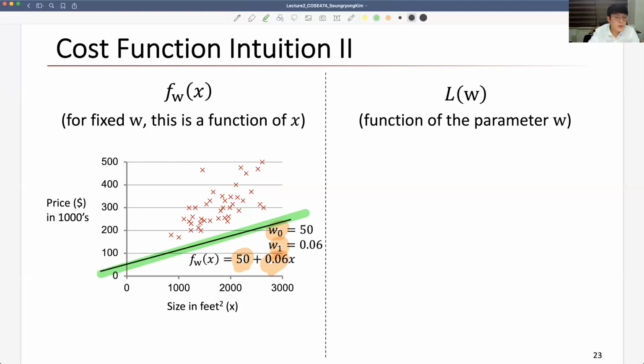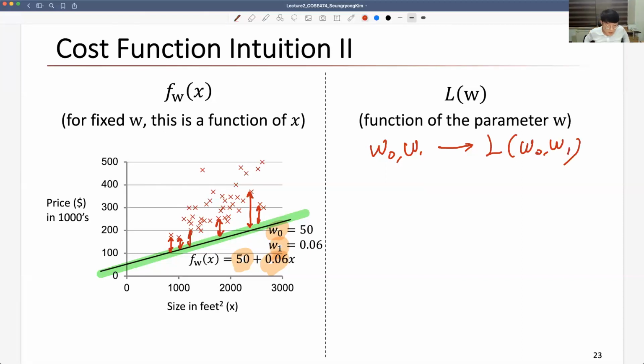So similar to the previous one, we can measure the distance between the ground truth and the estimated one. It looks like this. Then we can draw the figure between W0 and W1 to our loss function.